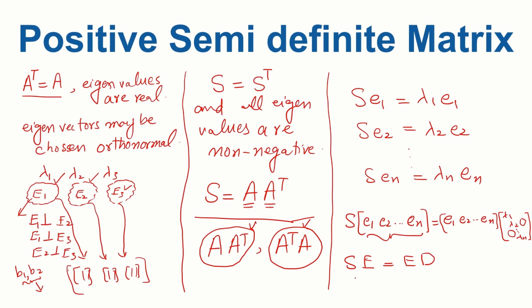And one more thing, this E, which has all these columns orthonormal, such a matrix is called an orthogonal matrix, and the inverse of such a matrix is just its transpose.